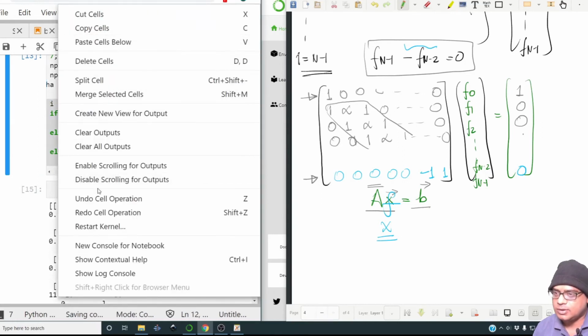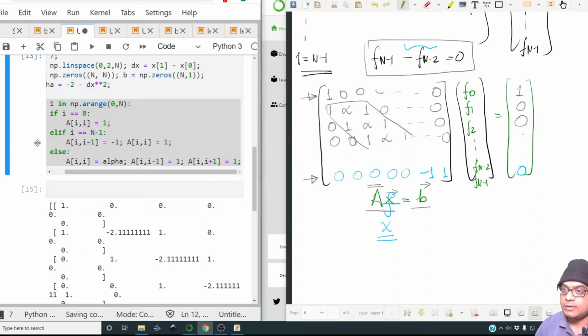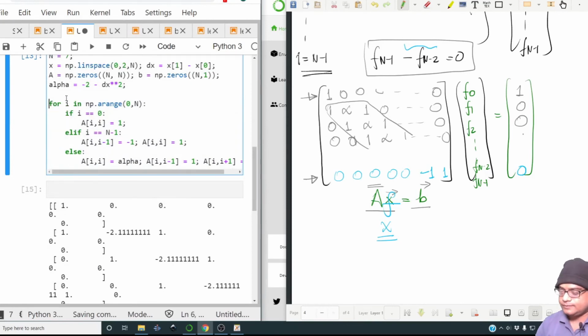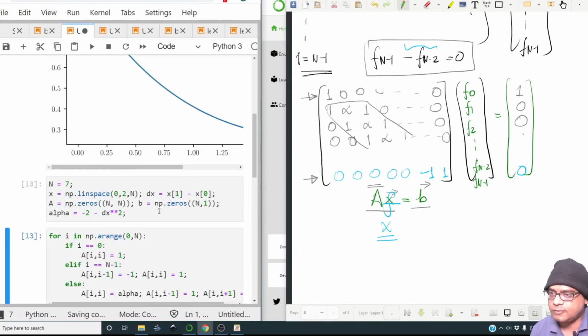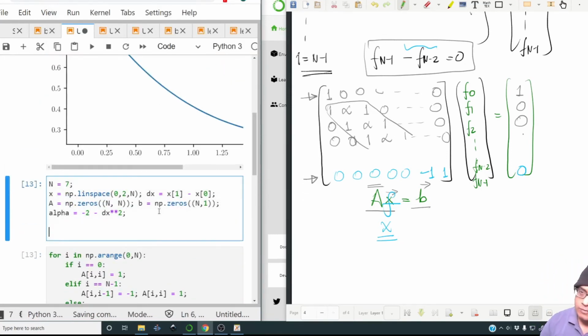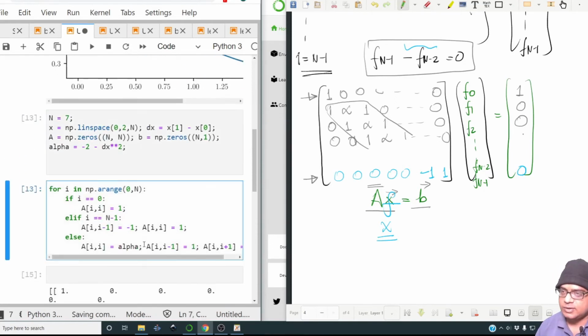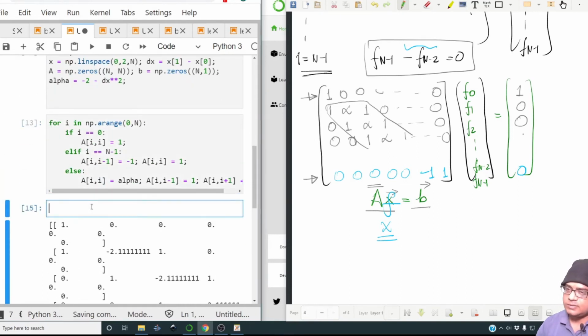In fact, let me split cells and keep it for later. What we will do is use the np.diag function. So what is the np.diag function? Let me show you. Let small a be 1, 2, 3.